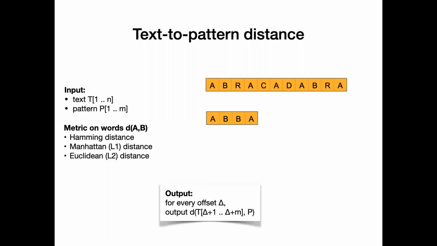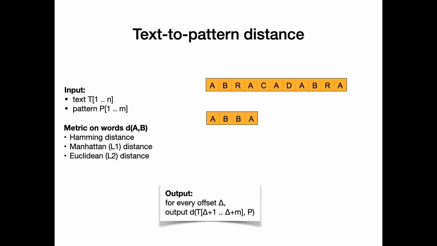In a more general setting, for every alignment of the pattern to the text, we want to compute a distance function between a corresponding slice or segment of the text and the pattern.